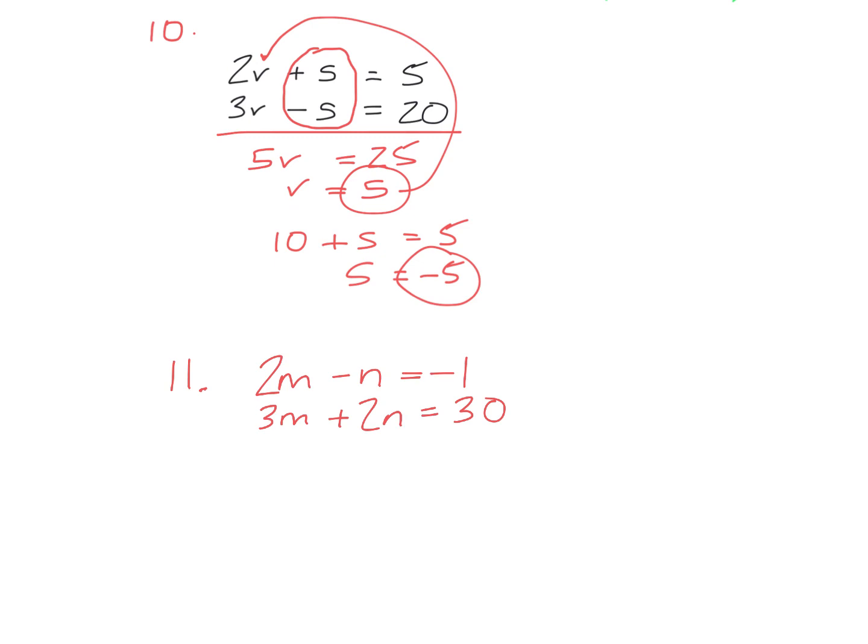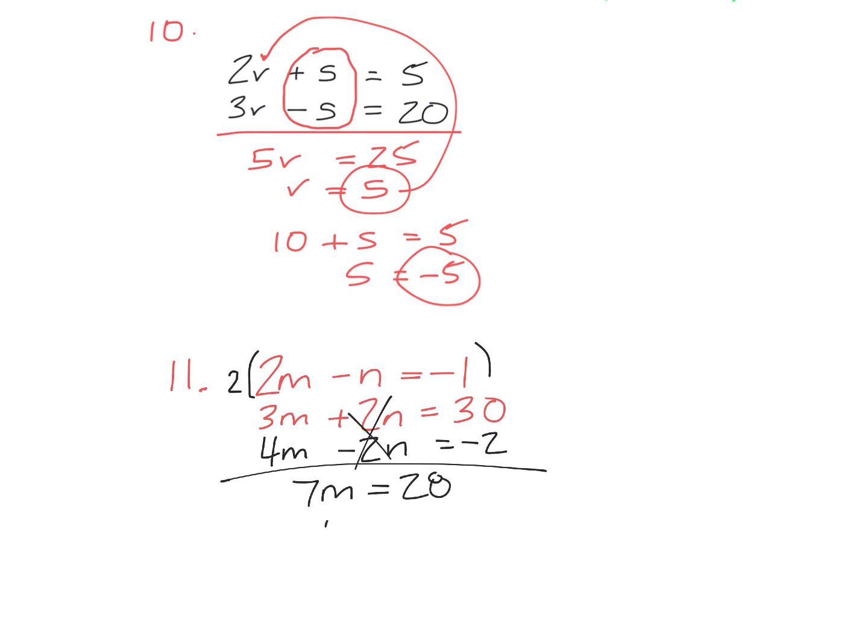So we've got to do some type of multiplication, and I believe the most efficient, easiest way of doing this would be just to multiply the top by 2, because that is going to eliminate n. I'd have 4m minus 2n is equal to negative 2. The n's eliminate. I'd have 7m is 28. m would be 4. And then you're going to plug this back in and solve for n.